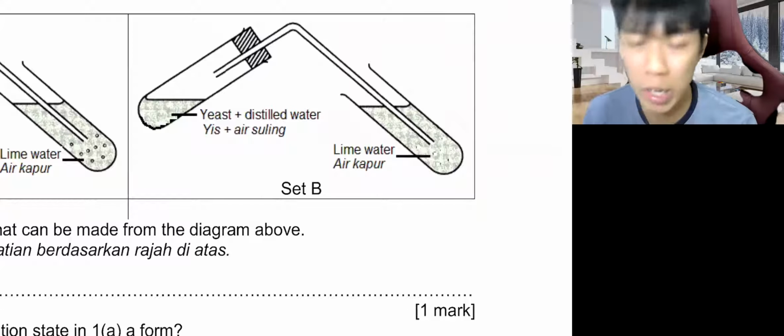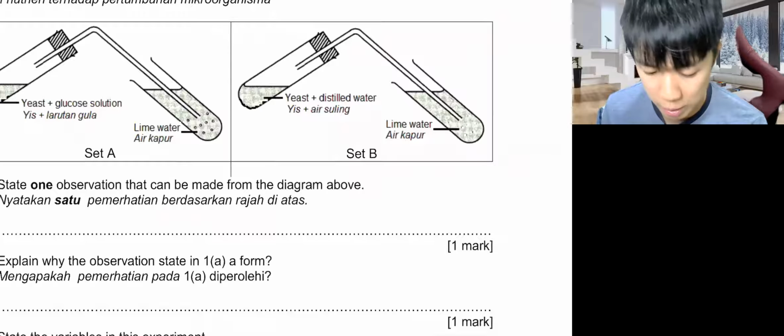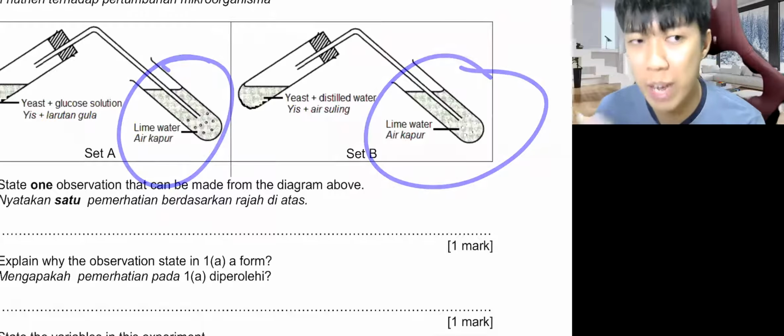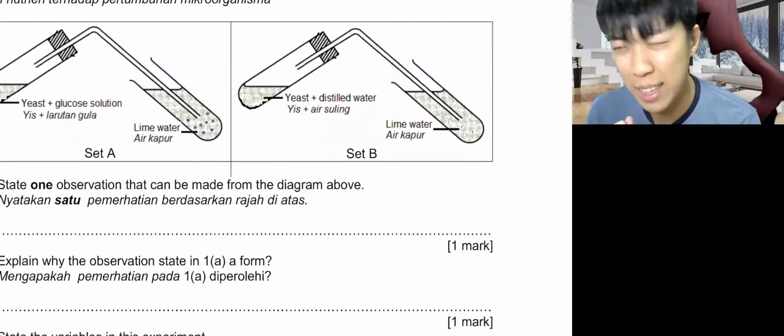Okay, lime water. I understand that question, I understand the answer, because you might be thinking both must have lime water. But that doesn't change my result. If I have lime water or I don't have lime water, the carbon dioxide will still be released, you understand? It doesn't mean that if I have lime water, then carbon dioxide will be released, and if I don't put lime water, then it will not.